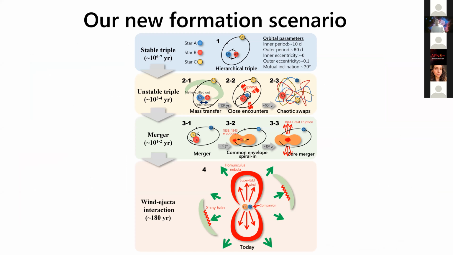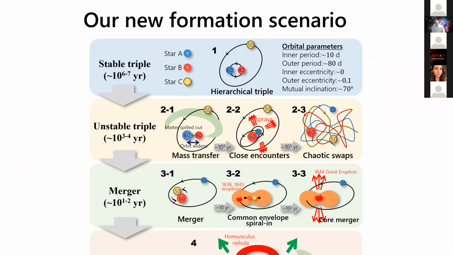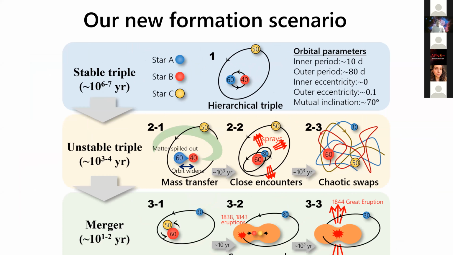So our model is a stellar merger in a triple system, and I'll briefly walk you through. We start off with a hierarchical triple system with 3 stars with similar masses in a very stable configuration. Eventually the primary star starts transferring mass to its companion, and as the mass ratio flips, the orbit will widen and ruin the hierarchy of the orbits.